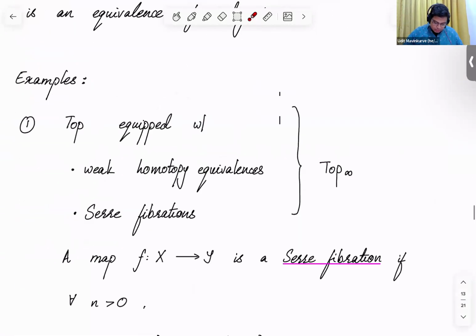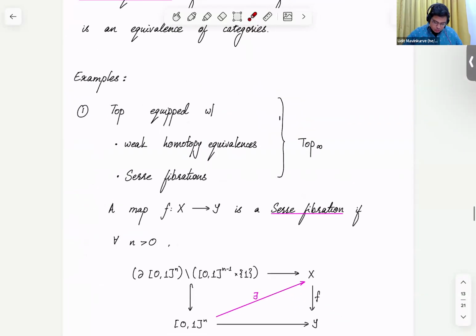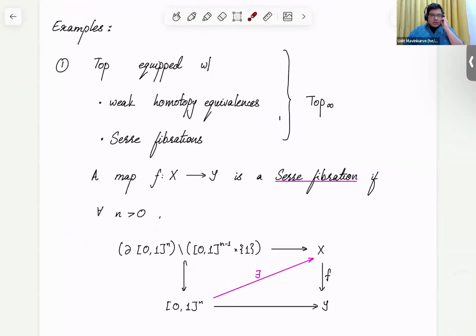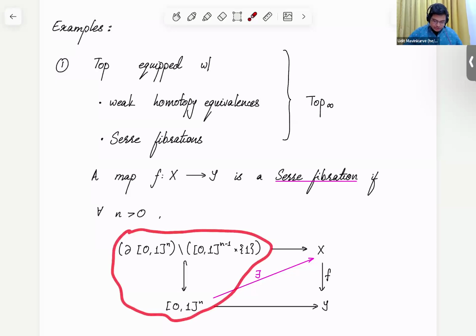So let's quickly look at some examples. The first example is the classical one: the category of topological spaces equipped with weak homotopy equivalences and Serre fibrations. I've just defined Serre fibration, which is defined using this lifting property. This might look different from the usual definition of Serre fibration, but it's really the same.